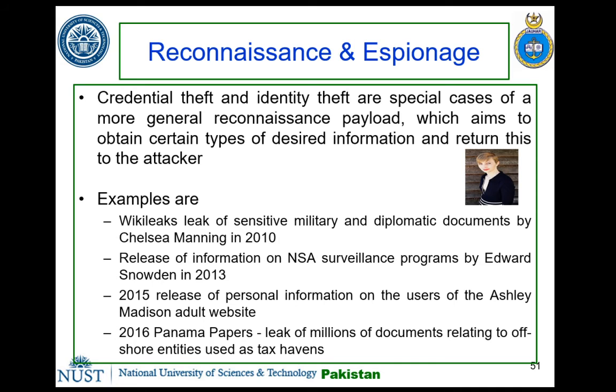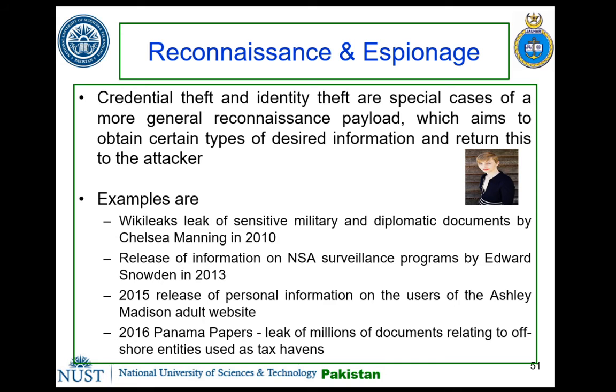In 2015, release of personal information on the users of the Ashley Madison adult website is another example. 2016, Panama Papers, a leak of millions of documents relating to offshore entities used as tax havens, which has been applied to our political personalities.